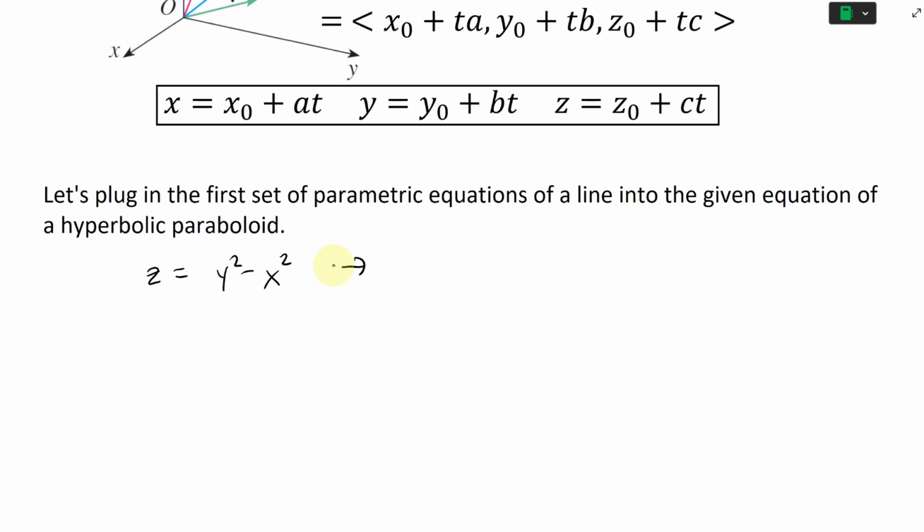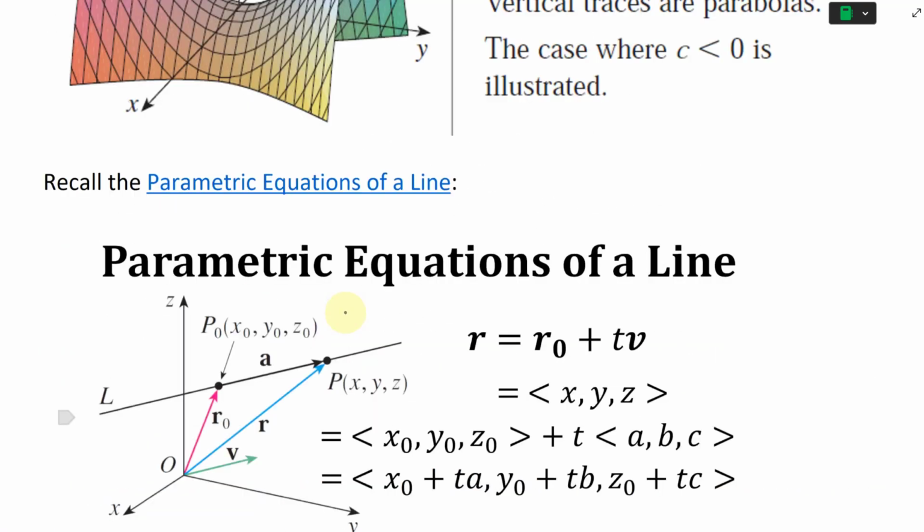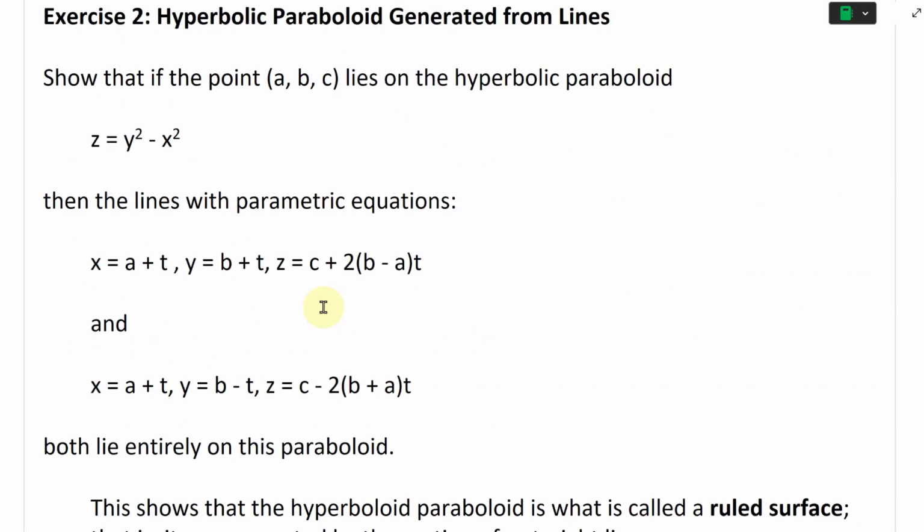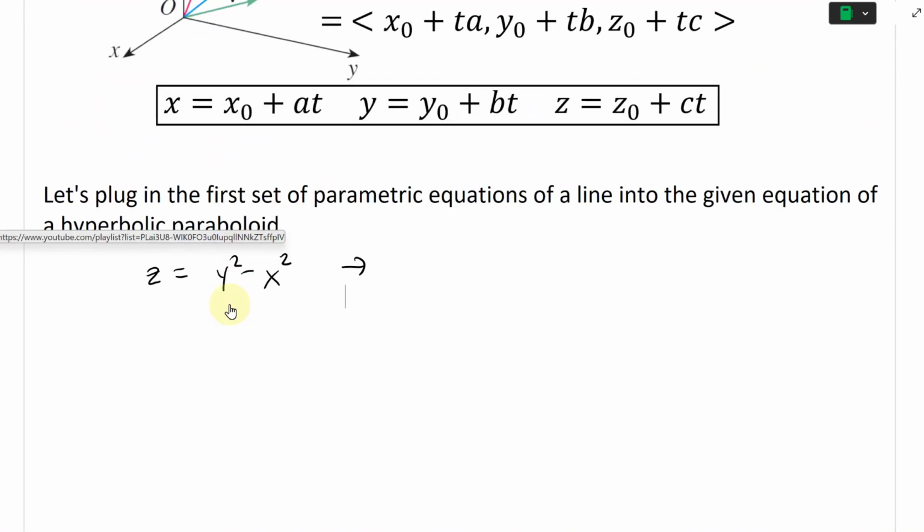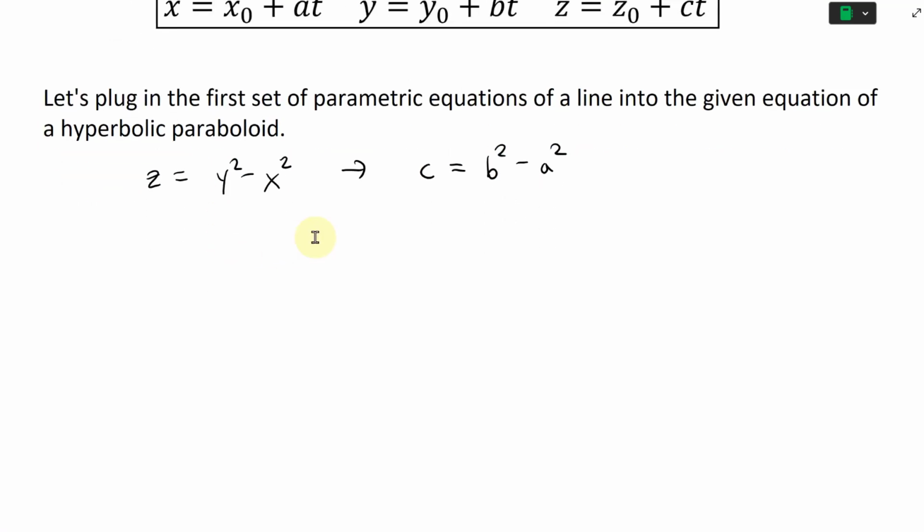Also note that we're given that the point a, b, c lies on the surface, so we can plug those in and they should be equal. In other words, c equals b squared minus a squared, because a, b, c are on this hyperbolic paraboloid.